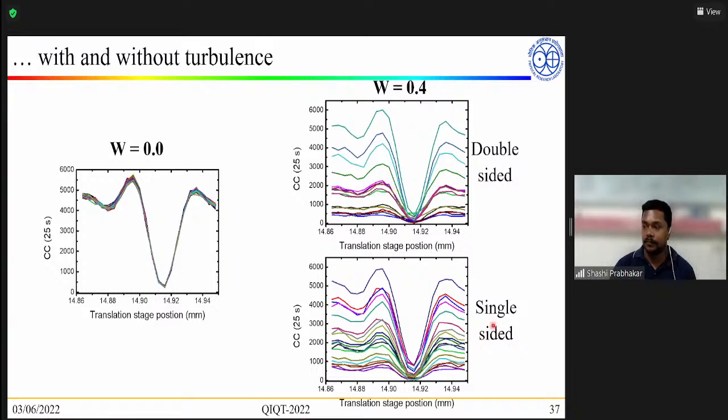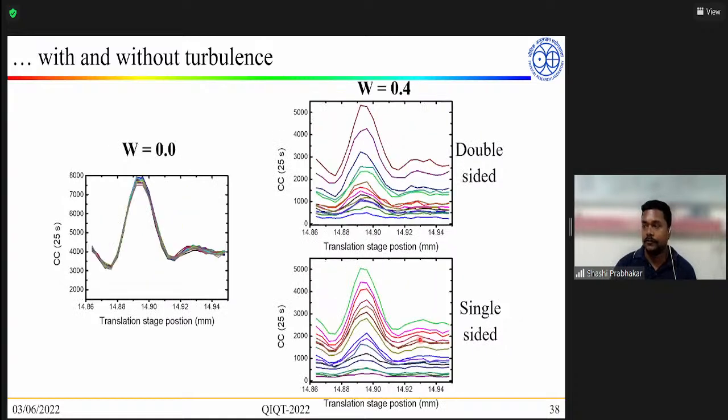But if there is single-sided turbulence, where only one photon is affected, there is no change in the visibility. This is for the anti-symmetric state, and the results are the same. In the anti-symmetric state, instead of bunching up, the photons anti-bunch from the beam splitter, so they give coincidences. With double-sided and single-sided turbulence, this is how your Hong-Ou-Mandel dip will look.